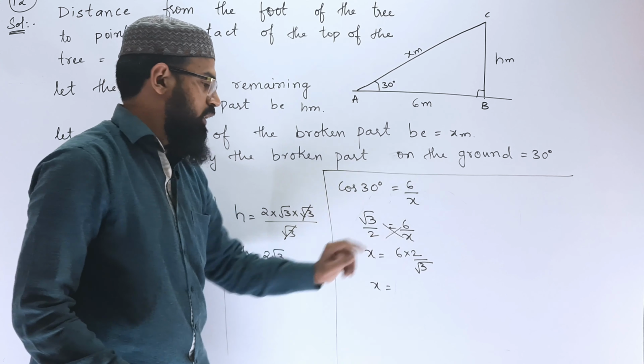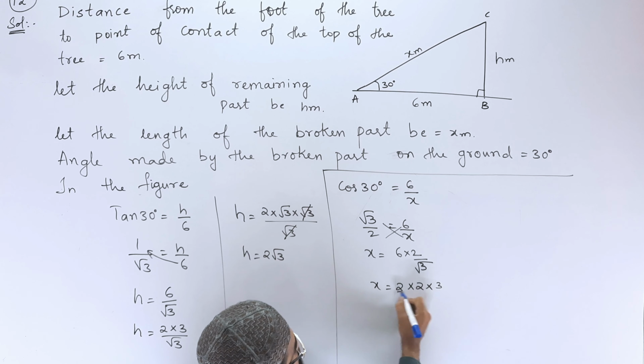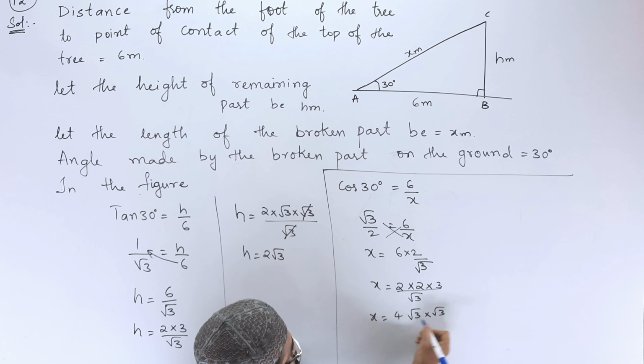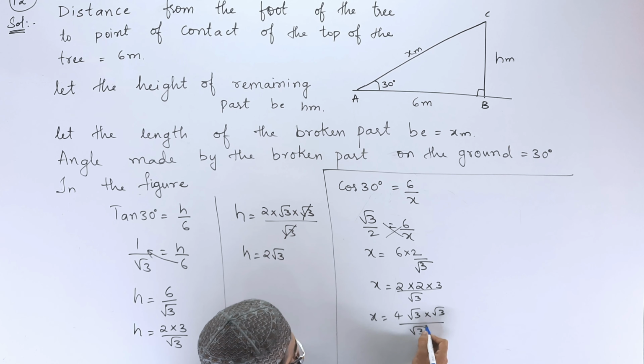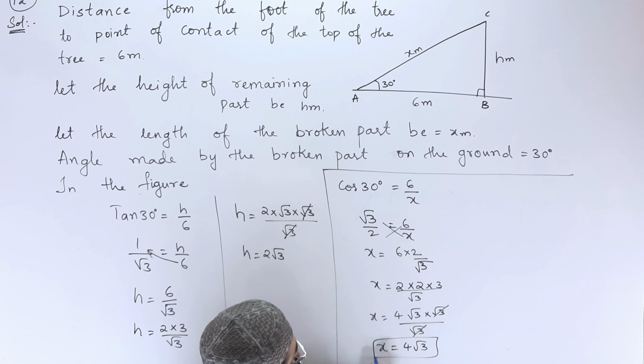So we can write 2 into 3 by root 3. So x is equals to 2 into root 3 into root 3 by root 3. So root 3 cancels. So therefore x is equals to 4 root 3. So this is nothing but the length of the broken part.